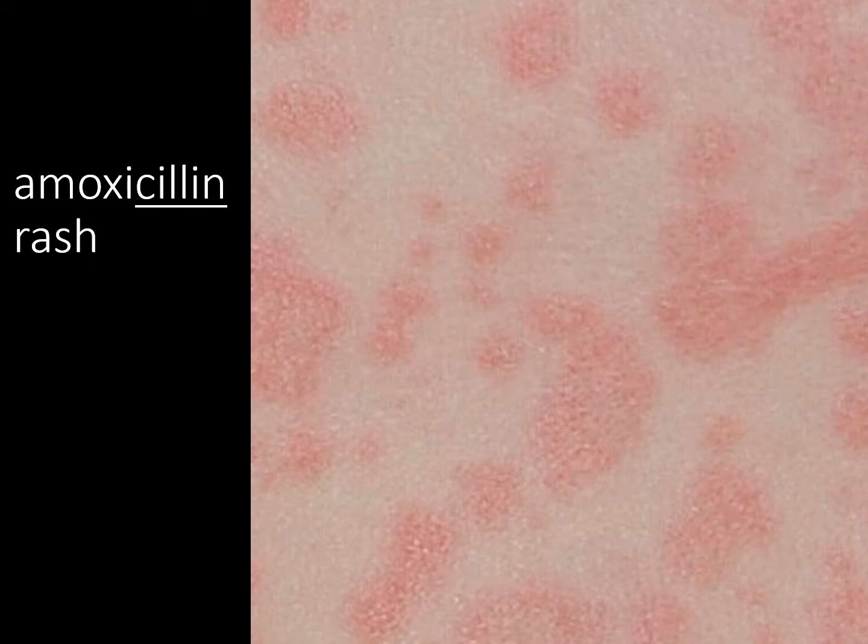So this is a common occurrence of rash from amoxicillin. Not typically dangerous at all, unless this rash were to be associated, remember, with one of those other systems: airway or breathing, cardiovascular, gastrointestinal, right?